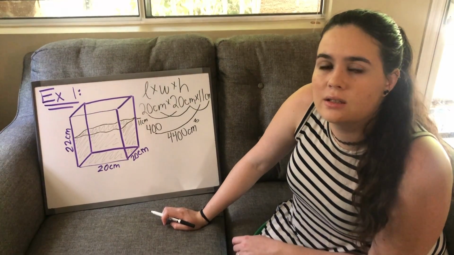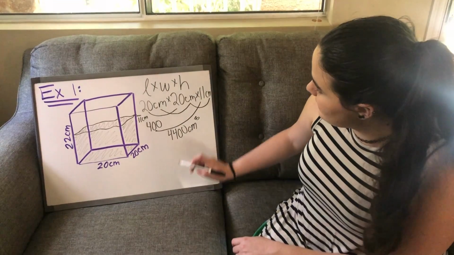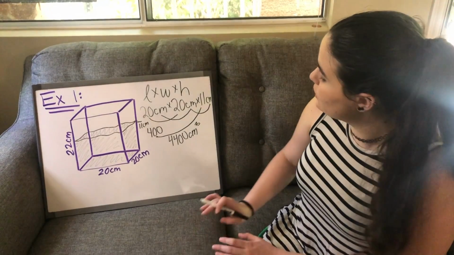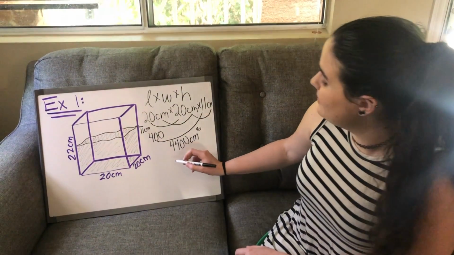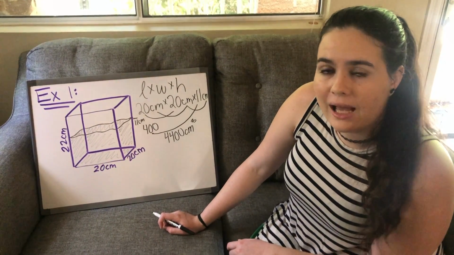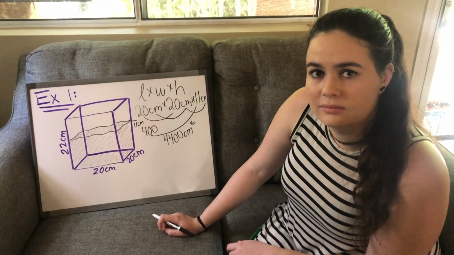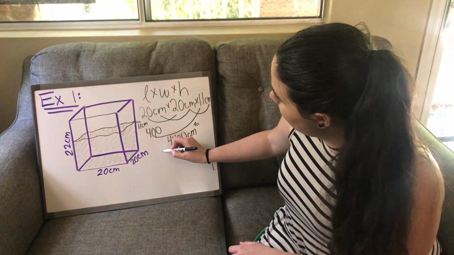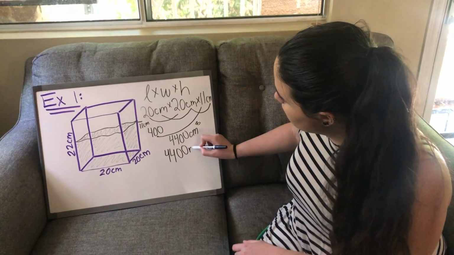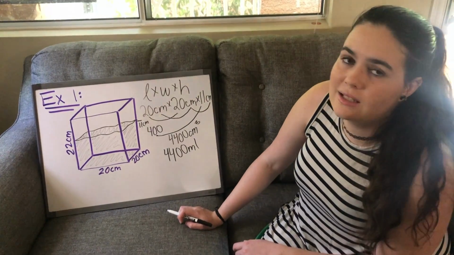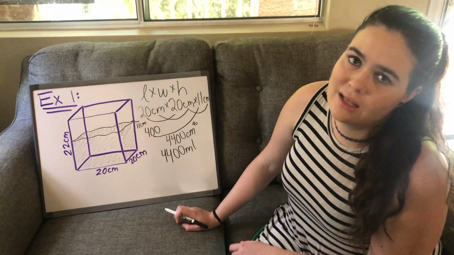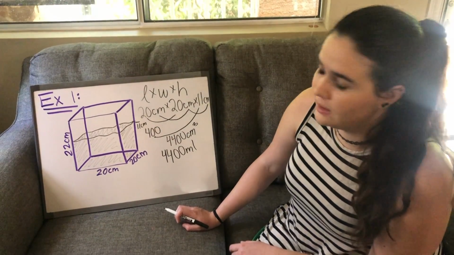Since they wanted this answer in liters, we're now going to take 4,400 centimeters cubed and convert it to liters. So first, we're going to put it into milliliters. 4,400 centimeters cubed is the same as how many milliliters? 4,400 milliliters is the same as 4,400 centimeters cubed because 1 cubic centimeter has the same volume as 1 milliliter.